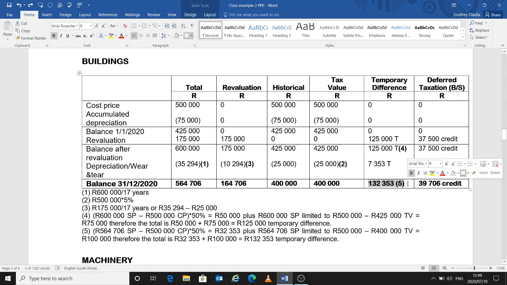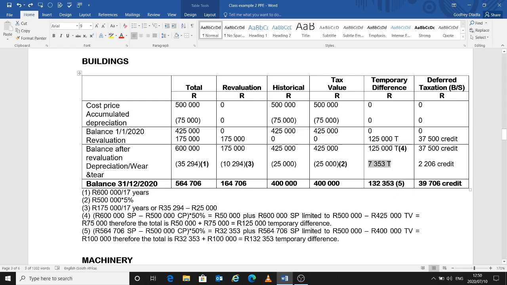Here's the 132. Now, what I will then do, I will say, okay, I know by year end I'm supposed to be at 132,353. But after the revaluation, I was sitting here. What is the difference between these two figures? Obviously, then it will give you the one in the middle. It will tell you that you must add 7,353.